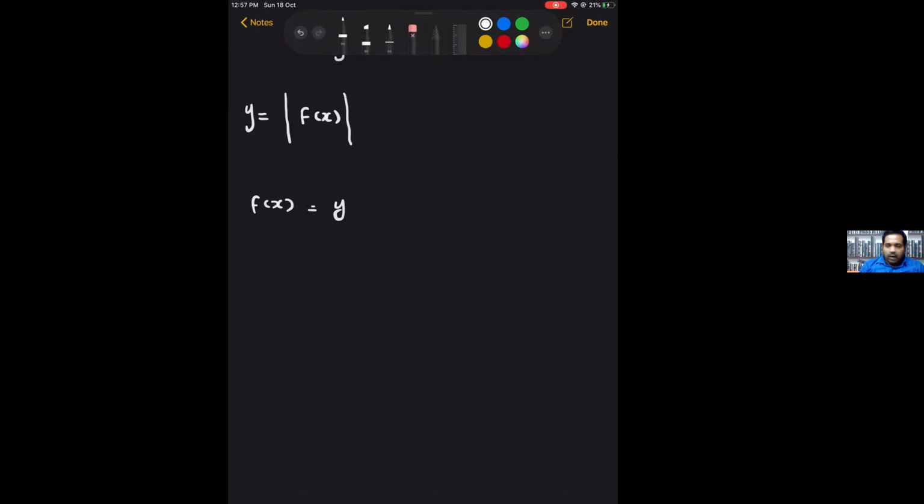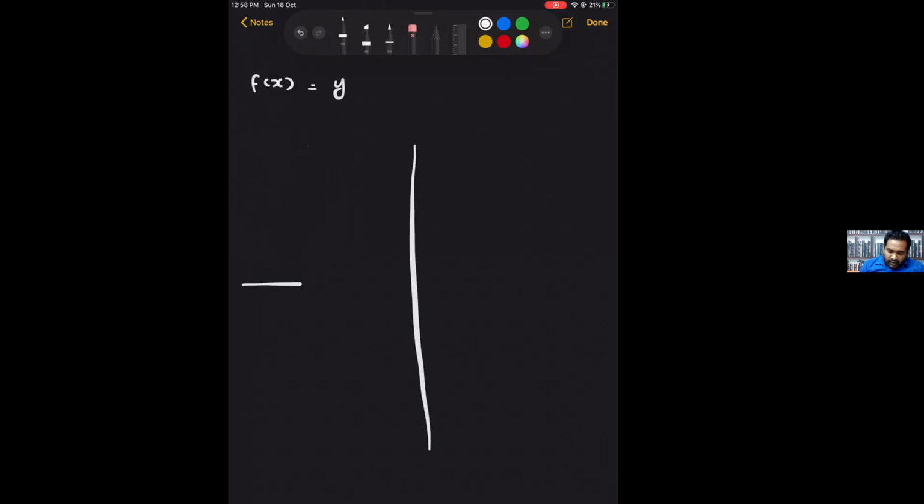So how to draw it? Initially I'm considering one graph for y is equal to f of x. Say for example, I have a graph for f of x. It looks something like this.